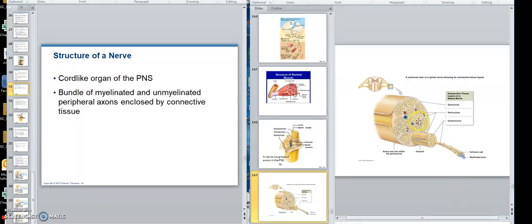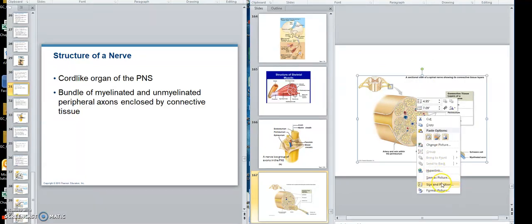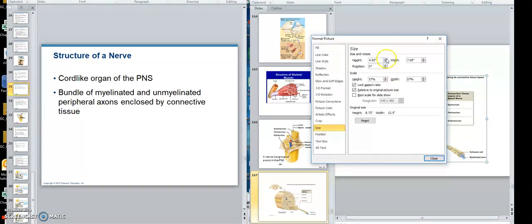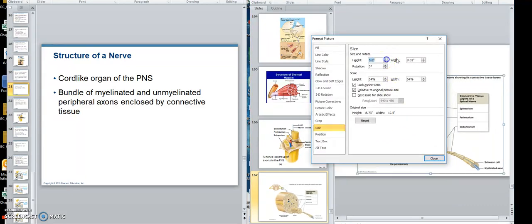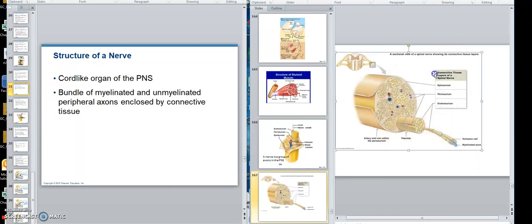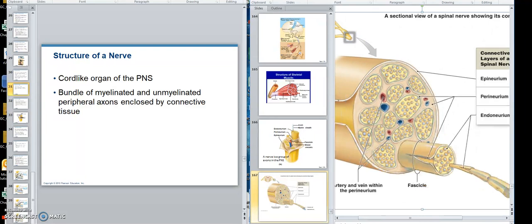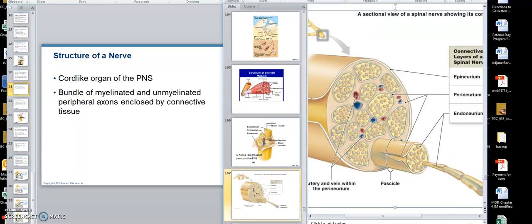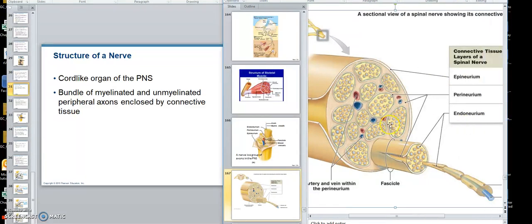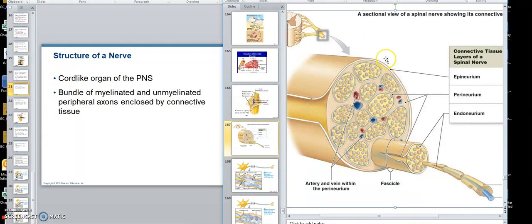Here's another picture. In this picture here, you can see the same thing you saw over there. We're taking a spinal nerve in this case, and you can see that it's the same setup. You had an epineurium around the whole nerve.